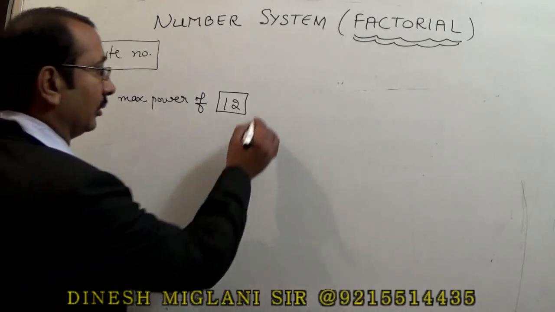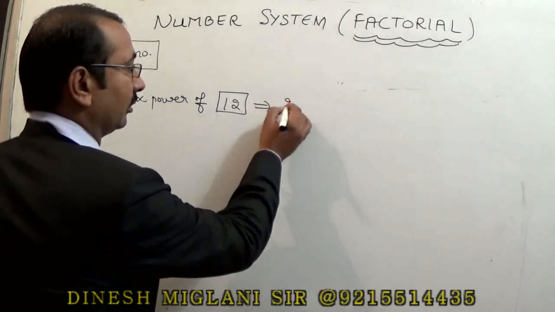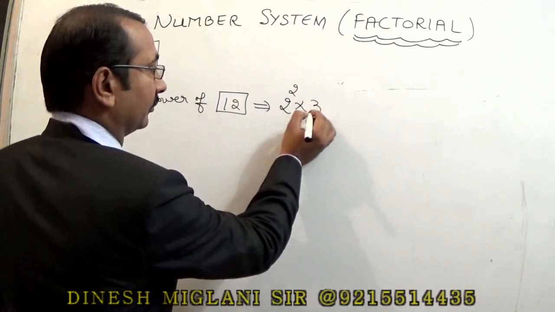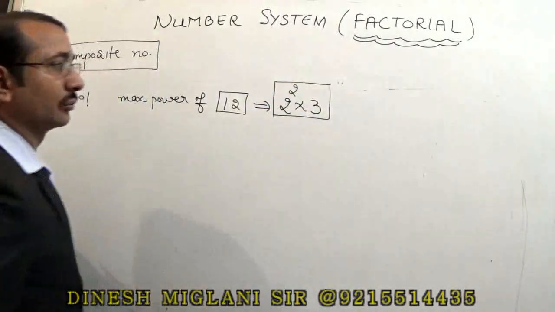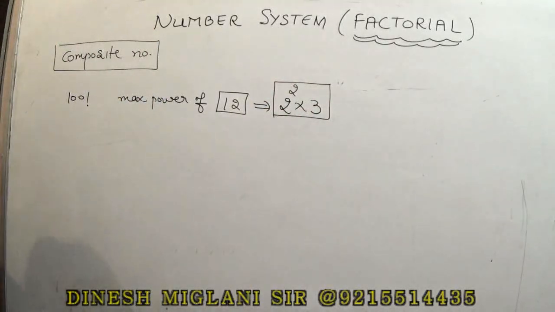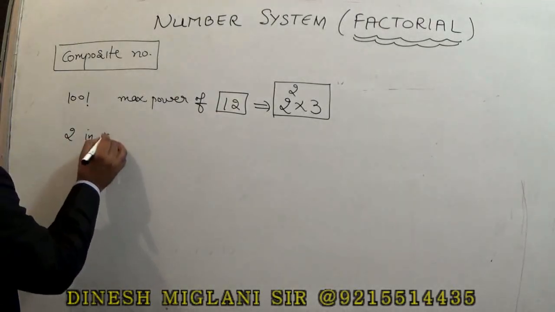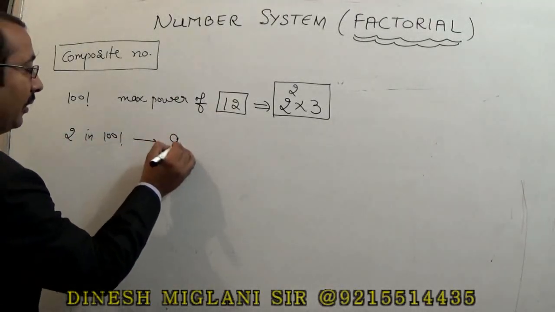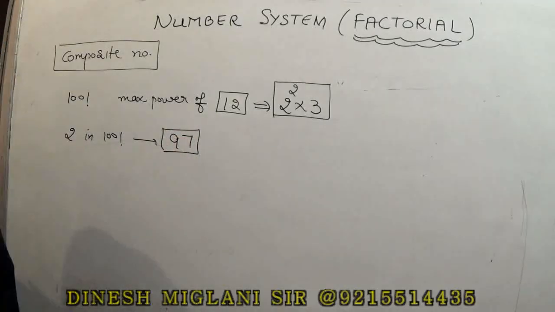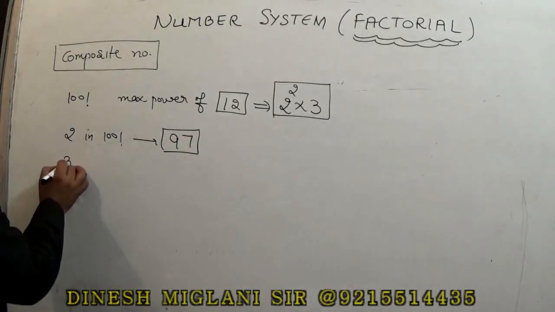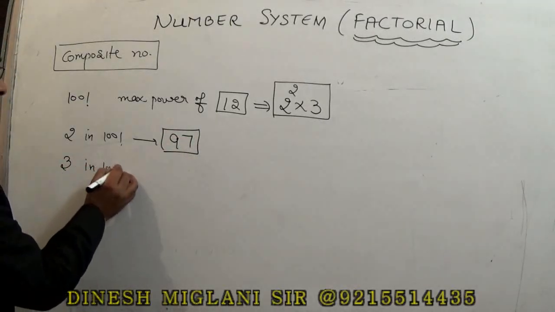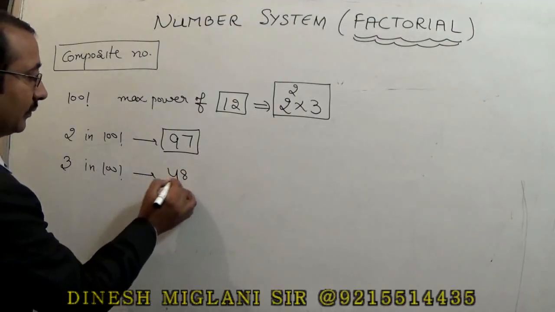First step that we do, we just make a prime factorization, 2 square into 3. Now we find the maximum power of 2 in 100 factorial, that earlier we have found, that is 97. After this we find maximum power of 3 in 100 factorial, that we have found, that is 48.